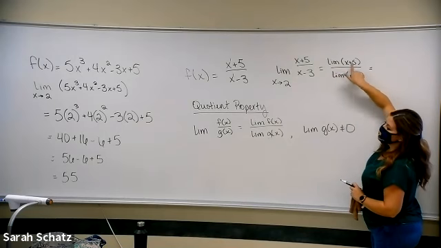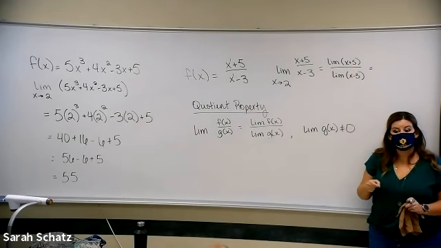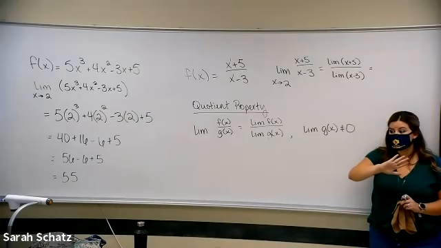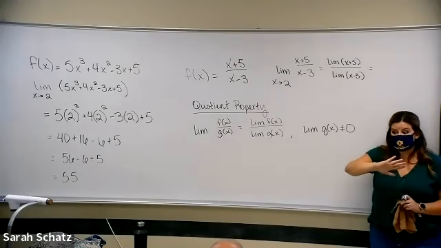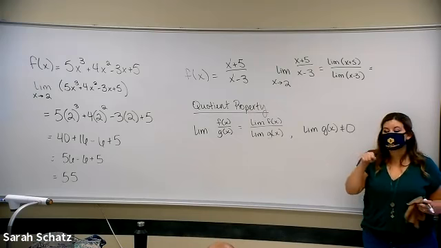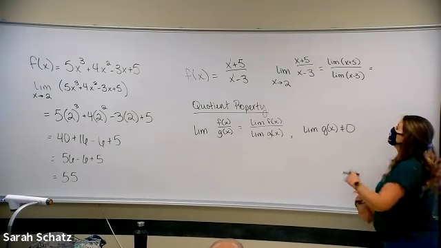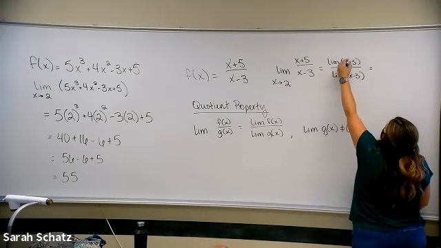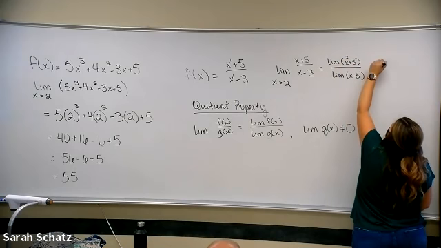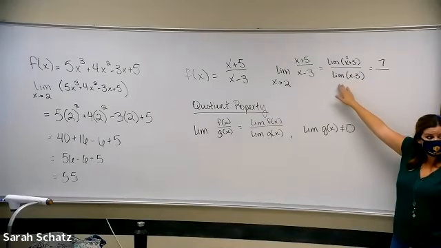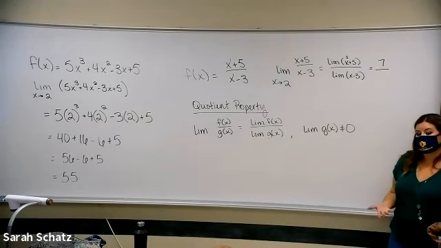When you take the limit of x plus 5, just by itself, is that a polynomial function? Absolutely. So I can just stick that value in for x. Remember, x is approaching 2, so I put a 2 in here and I get a 7 on top. Easy peasy. Now I can look at the bottom limit separately. Is x minus 3 a polynomial function?